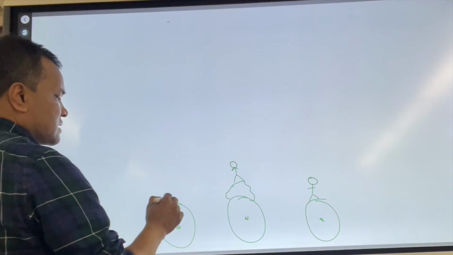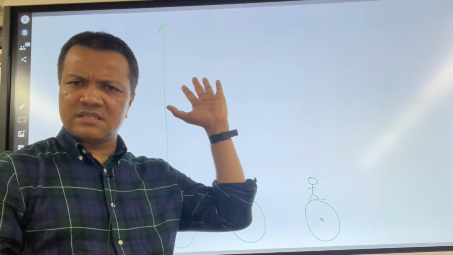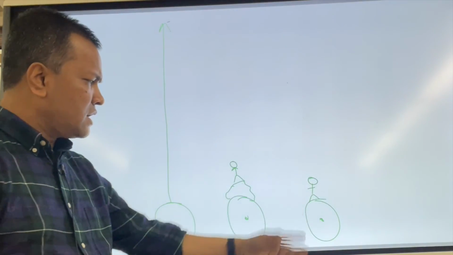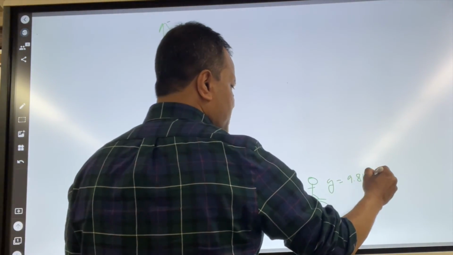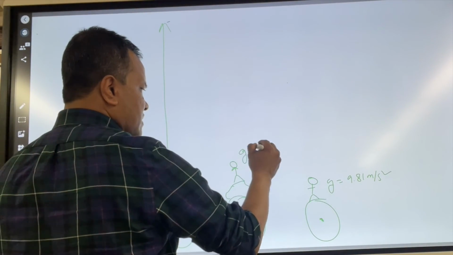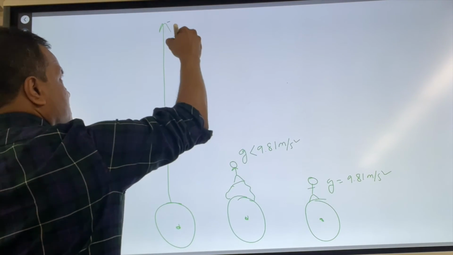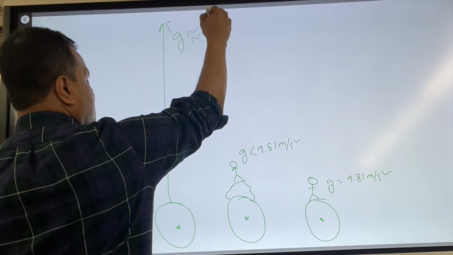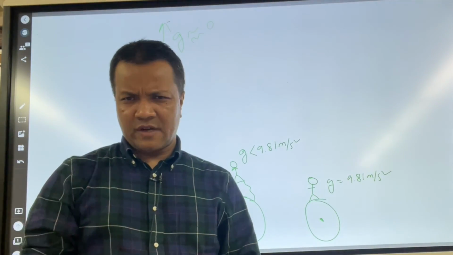And here, you are an infinite distance away from the center. Here, of course, g is 9.81 meters per second squared. Here, g is less than 9.81 meters per second squared. Here, g is approximately 0, or g goes to 0. This is what we are trying to solve right now.